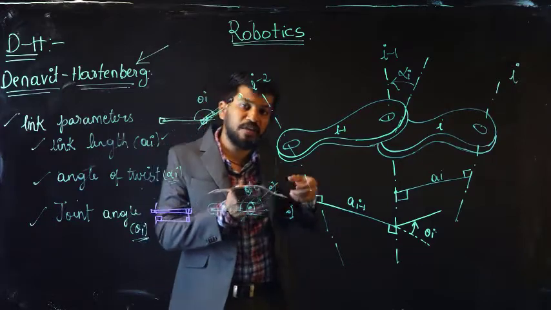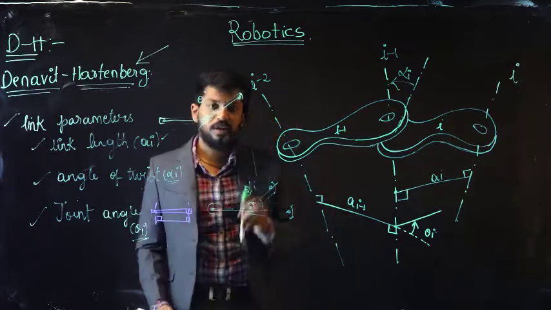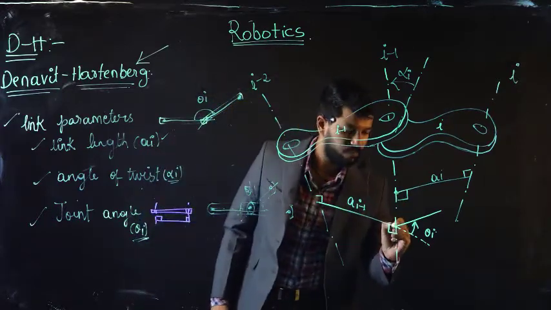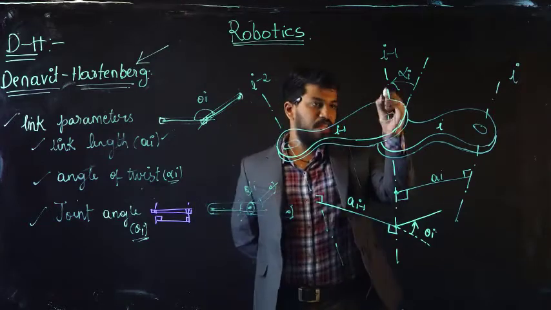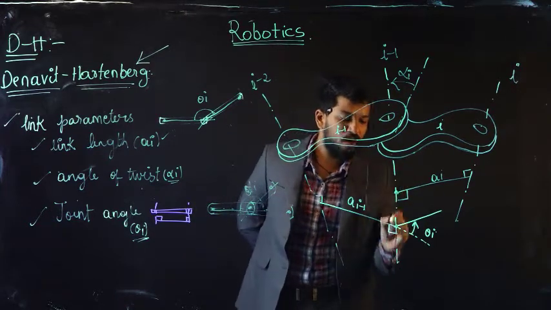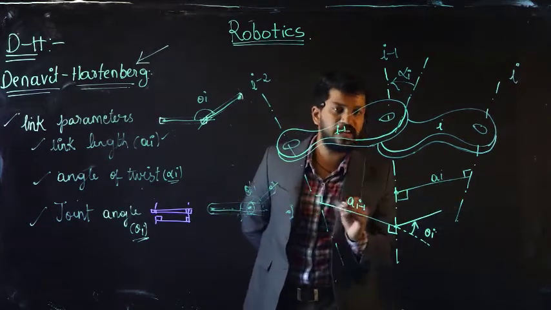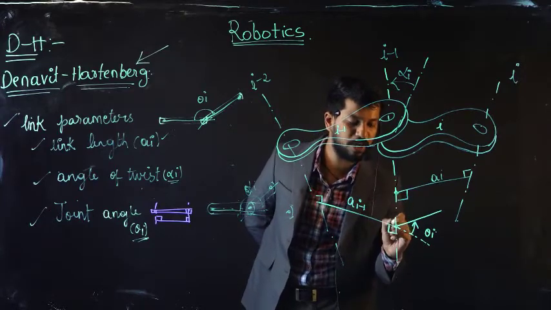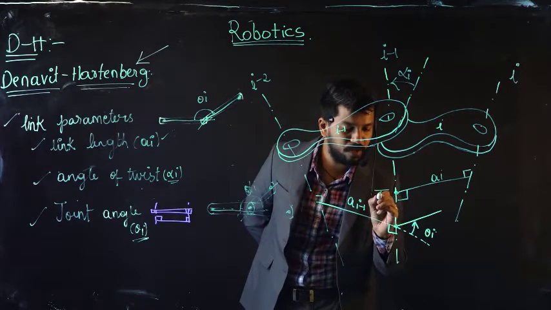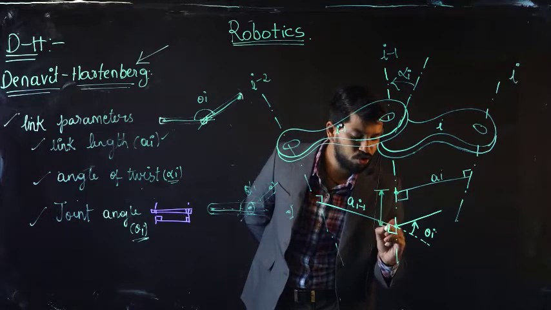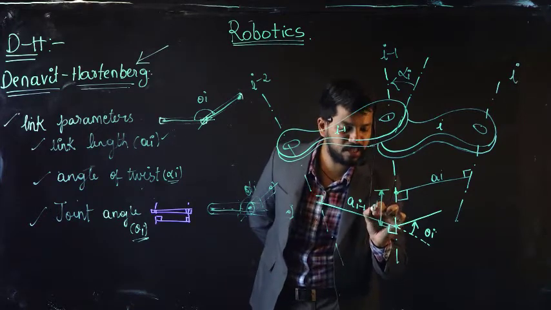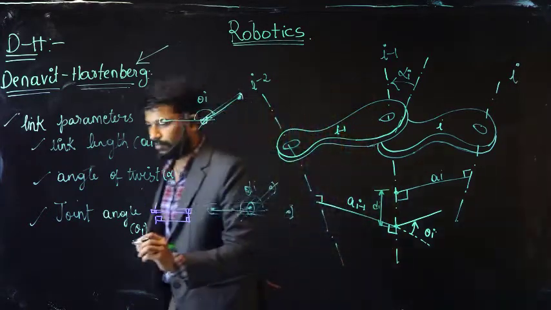How will we identify that distance? We can figure that out between them. There was one common axis, right? Along that common axis where my link lengths get intersected, identify those two particular points, and the distance between those two points will give you my distance, nothing but the offset.